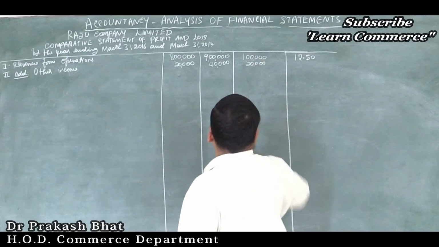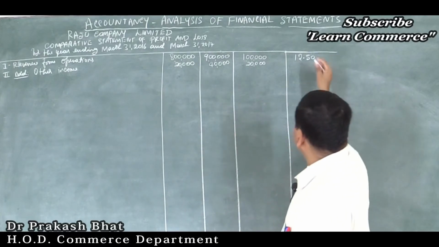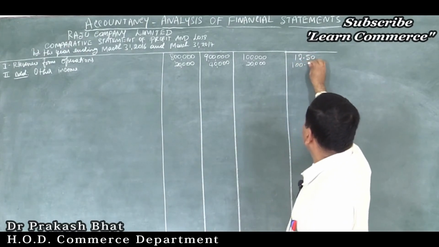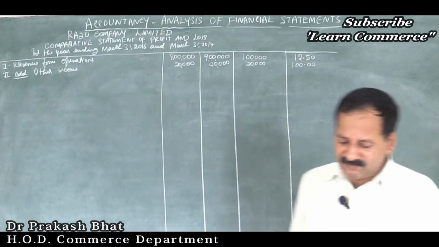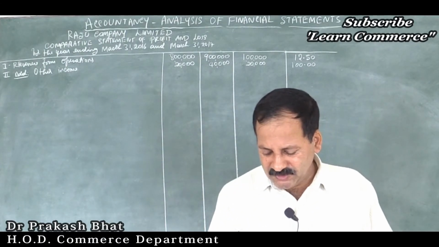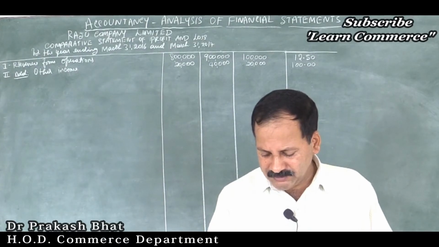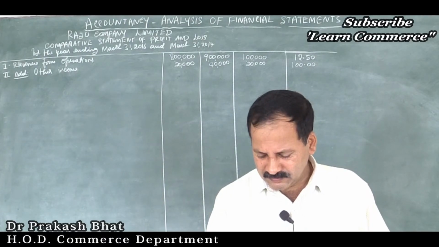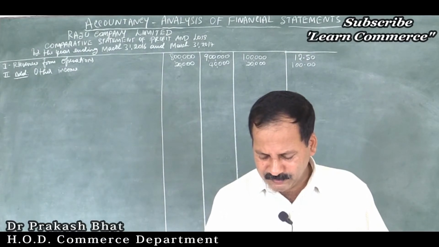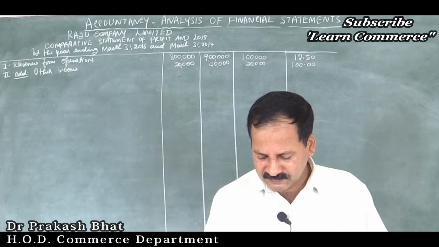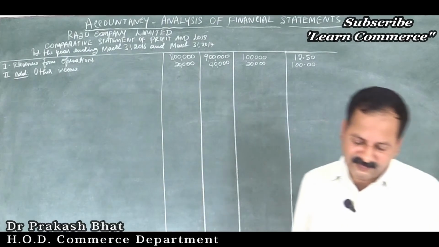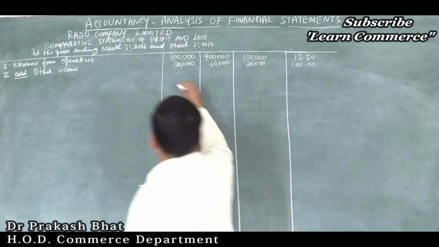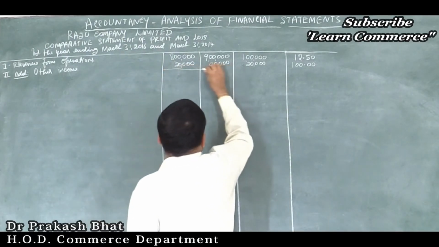For 20,000, there is an increase of 20,000. What does that mean? 100%, right? It has doubled. So 20,000 into 100 divided by 20,000 is 100%, correct? Yes.